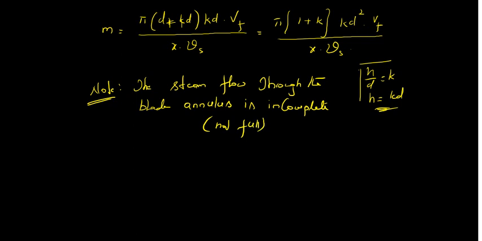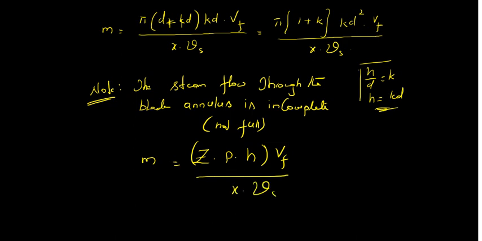Then the relation would be m equals z multiplied by p h in terms of v f divided by x into v suffix s, the specific volume.